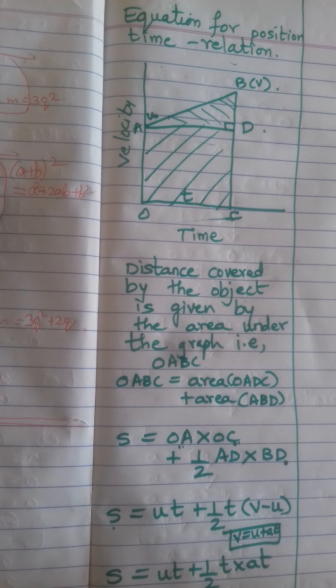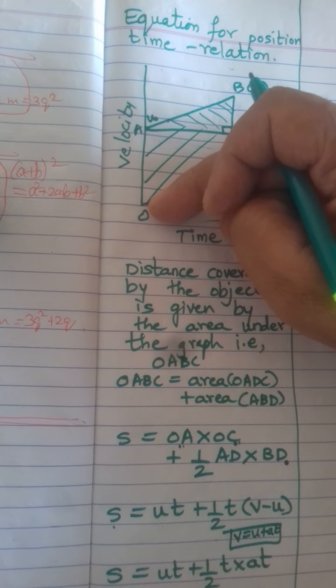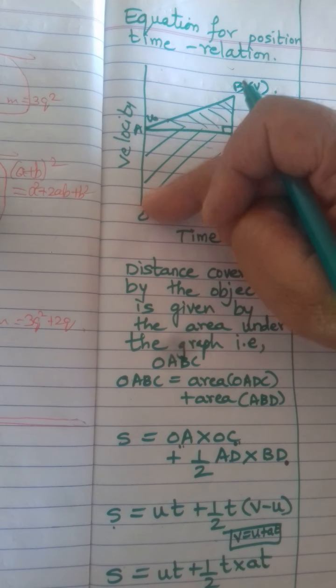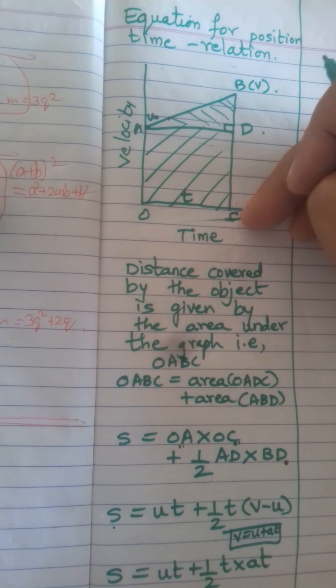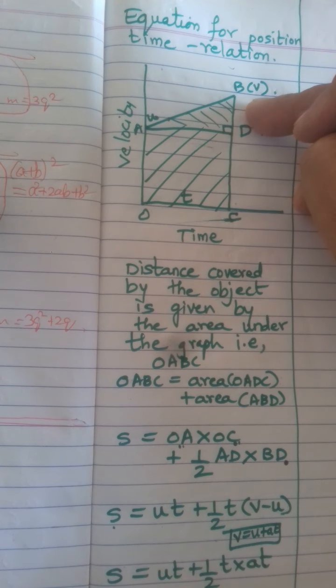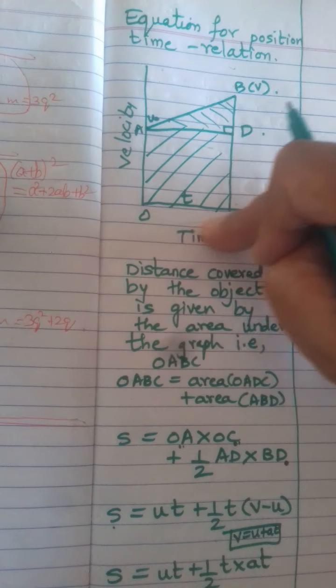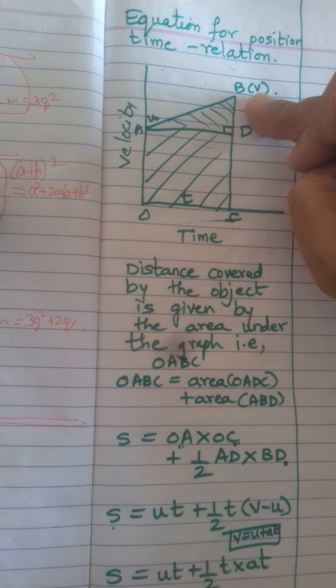See once again, in the velocity time graph, we have considered an object moving with initial velocity u, represented by OA. Final velocity is represented by BC, which is v. OC gives the time in which its velocity changes from u to v.